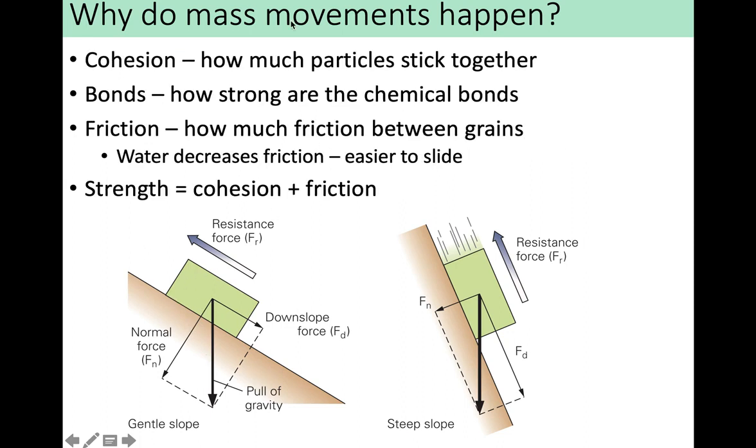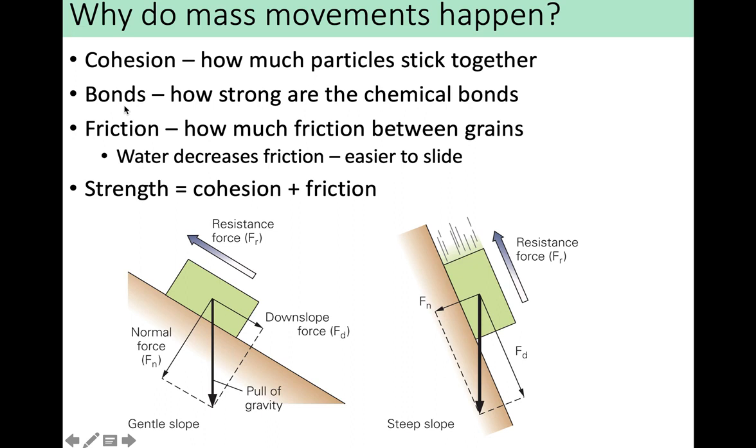By that I mean cohesion is how easily the particles stick together. So how stuck together are the different particles, or how easy is it for the particles to separate? If you have strong cohesion, that means it's very, very stuck together. It's going to be difficult to separate that object.